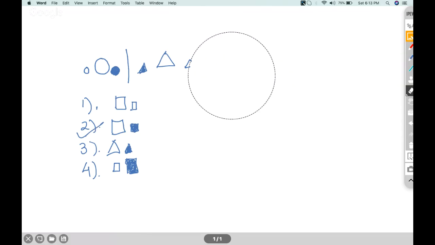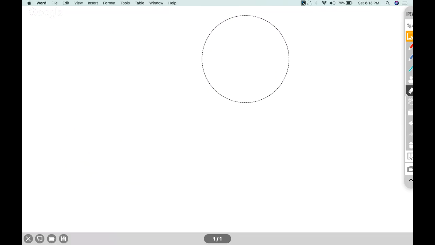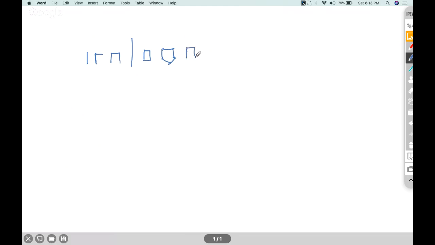So that is how you have to solve the question. Let me check if there is any other question which I can give. Okay, one more question. So it's like this. This is a pentagon. What are the other two figures which will come?